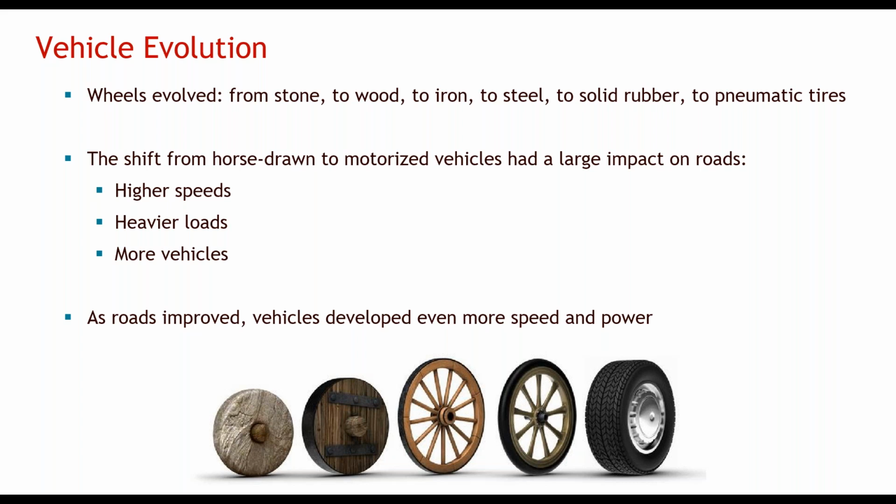Vehicles were starting to move faster and carry progressively heavier loads, so the roads had to get better. But as the roads then improved, it allowed us to move heavier loads even faster. Through the end of the 19th century and into the 20th, loads, speeds, and tire technology continued to evolve, so roads needed to continue improving as well.